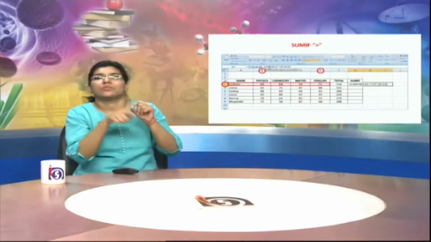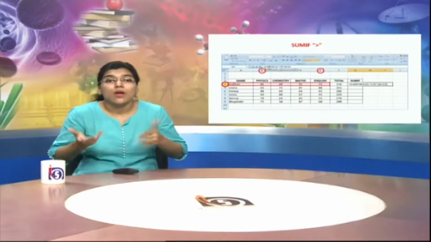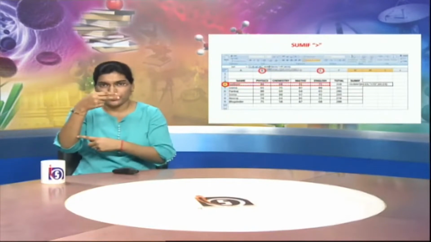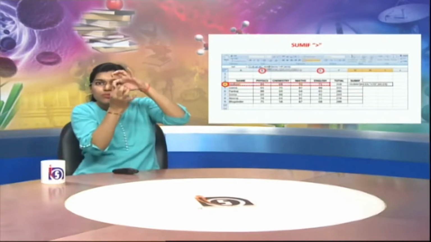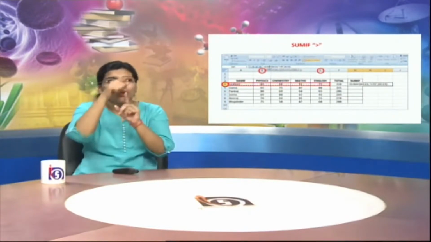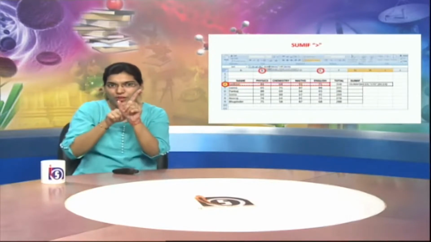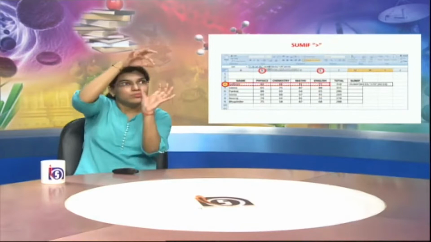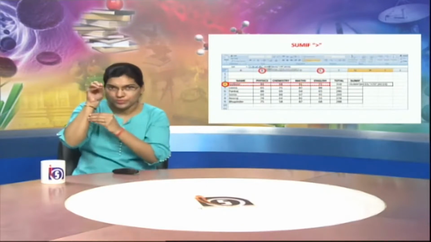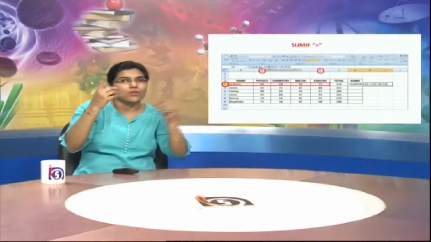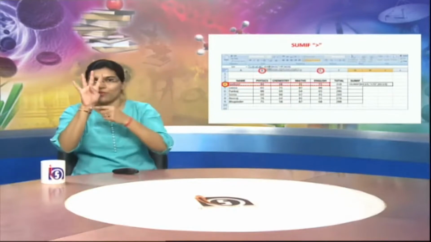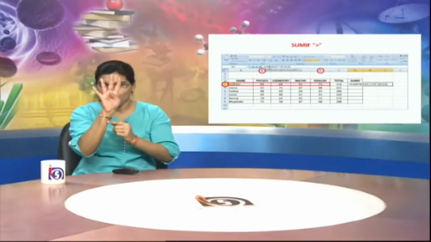If 44 is less than 70, then it will automatically deselect this number. So sum if means you want the total of only those numbers which are greater than 70. So similarly, the cells would be added according to the if number.